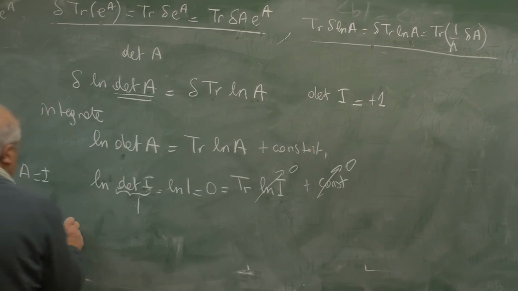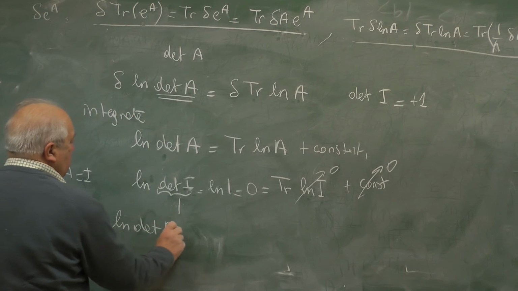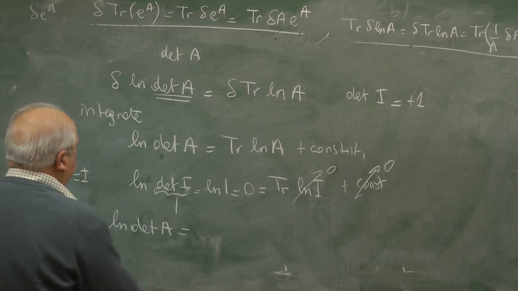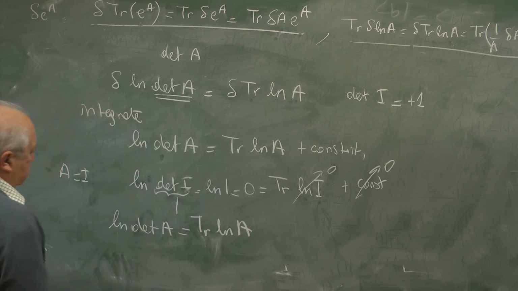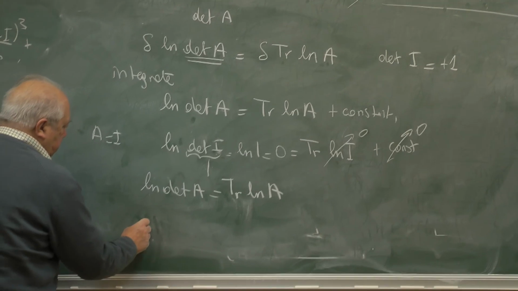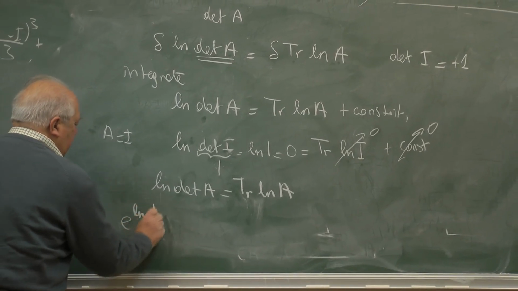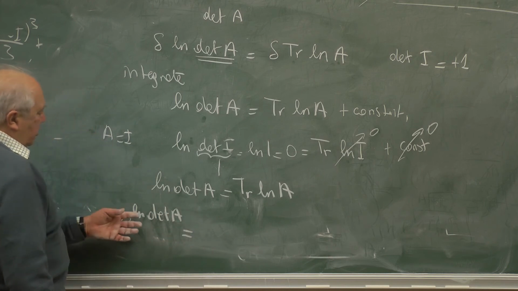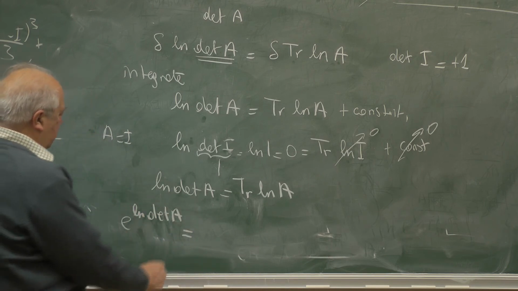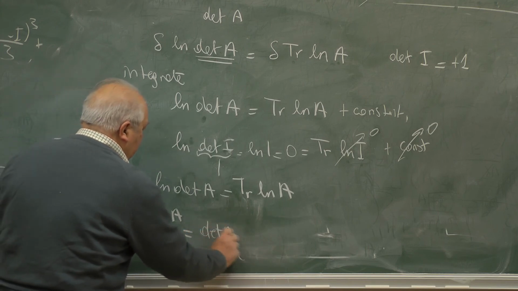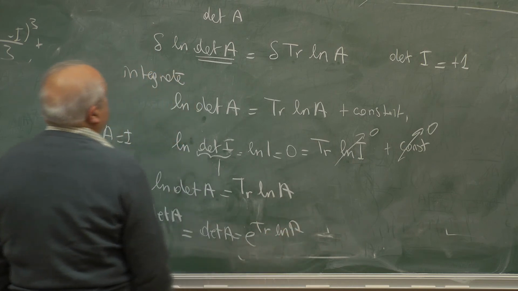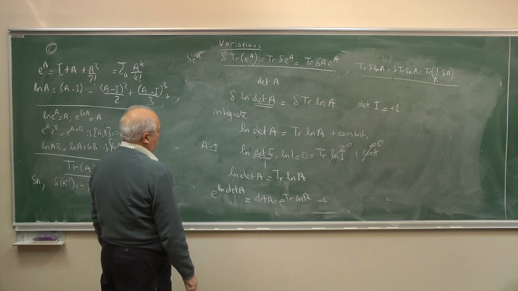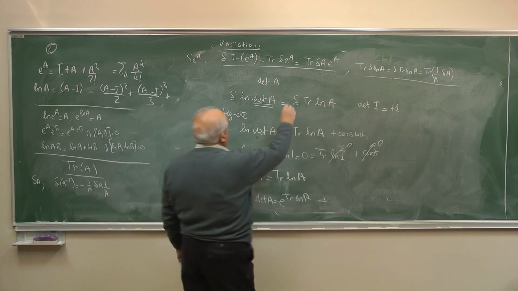So we have logarithm of determinant A is equal to trace of log A. Or if we exponentiate this, e to the log and log are inverse functions, so determinant A is equal to e to the trace log A. So this is a very important definition and result.